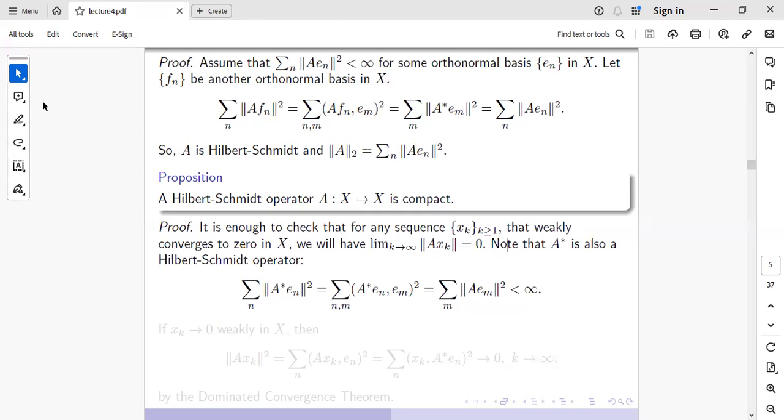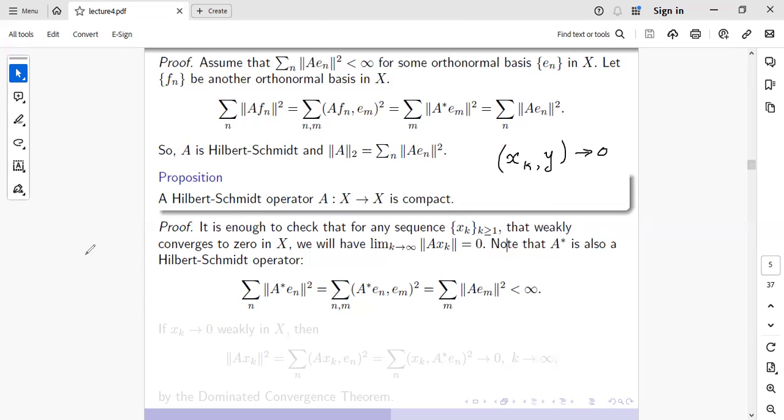So it is enough to check that for any sequence x_k that weakly converges to 0, where weak convergence means the inner product of x_k with any other vector y converges to 0, Ax_k must converge to 0 in norm.